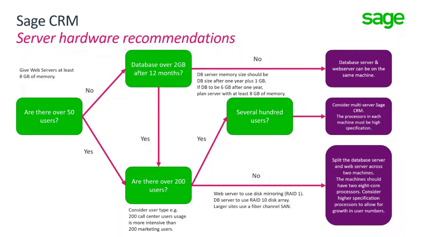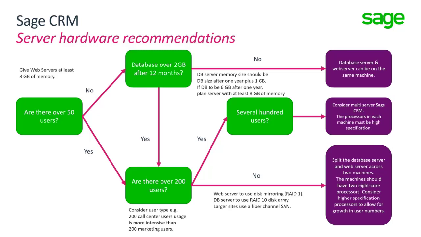But it doesn't matter what our deployment options are, whether they are on-premise or on your own managed machines, whether you're in a virtual private cloud or a hybrid cloud environment, you still have to think through, what are my physical requirements for my system? How many users do you have? What is the minimum requirement for each of the machines within the network? And these may well change in each version of Sage CRM.